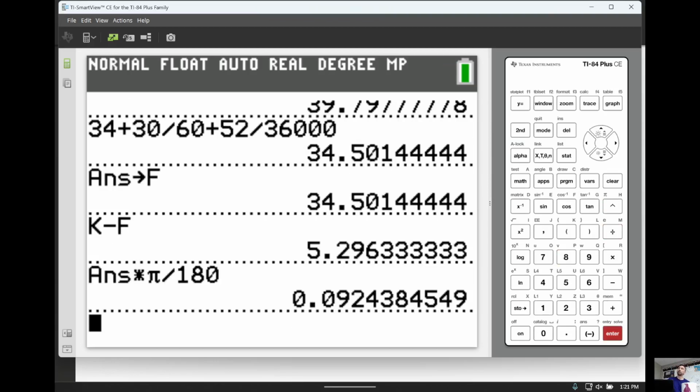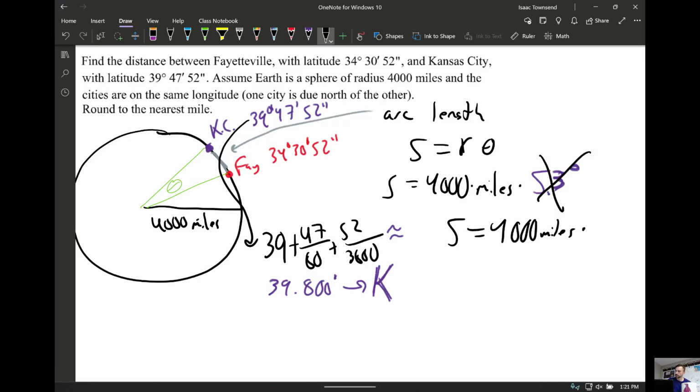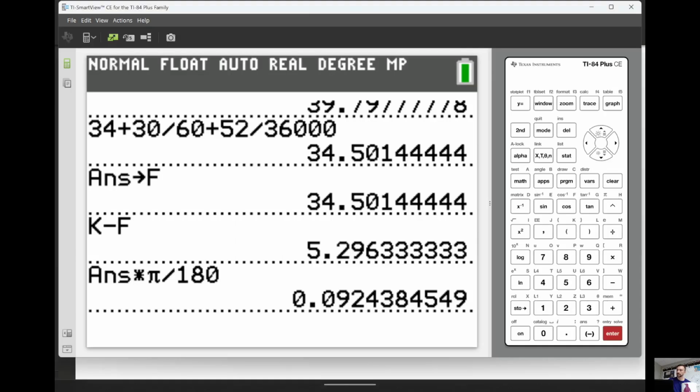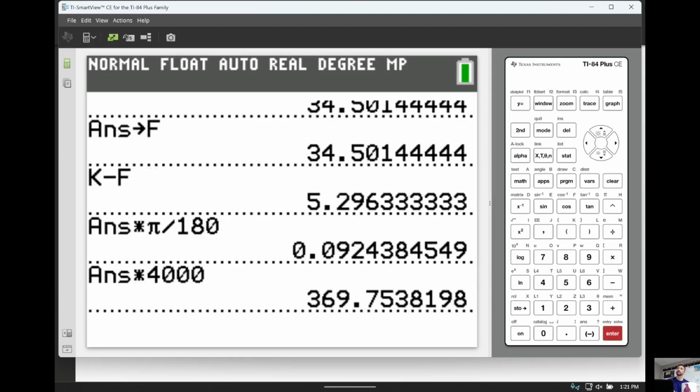So that's about 0.092 radians. But again, you don't even want to use 0.092 because that's technically a little bit wrong. But now I can multiply that by 4,000. You don't have to store these because I'm just using the previous answer and it remembers the previous answer.